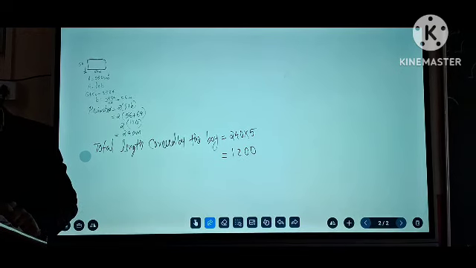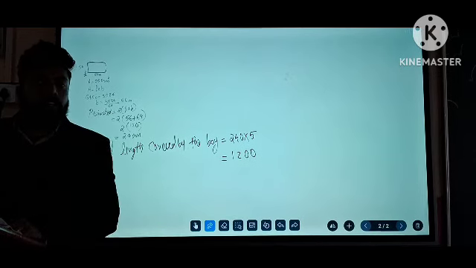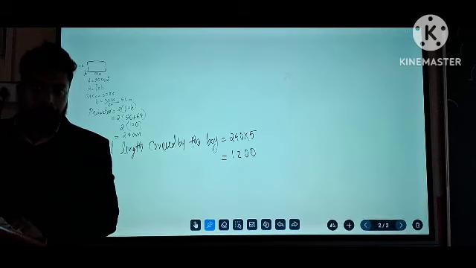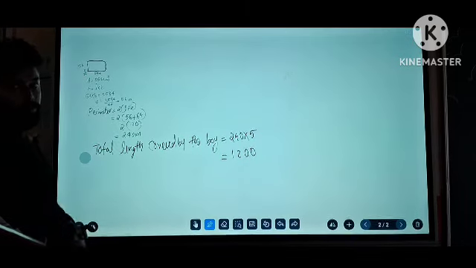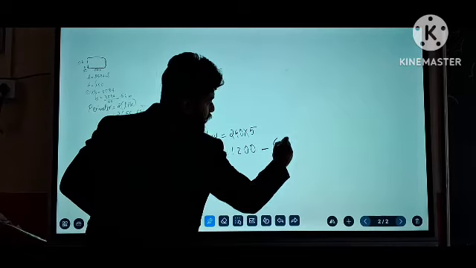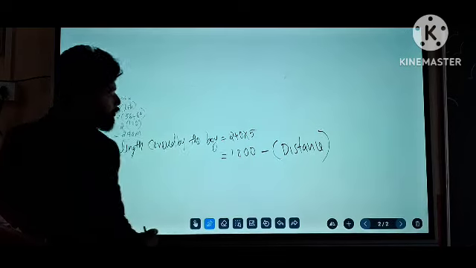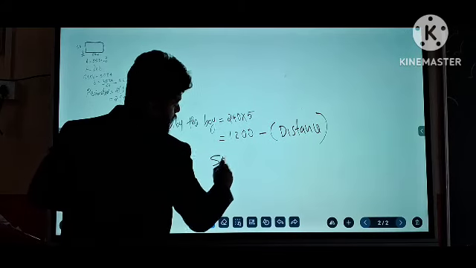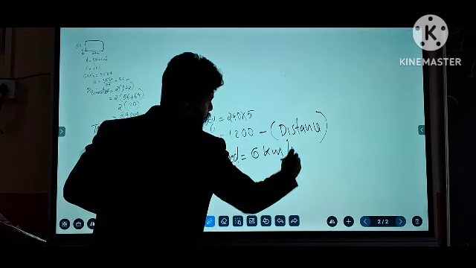Here we want to calculate the time taken by the boy to cover 5 rounds. So this is the distance that has to be traveled by the boy, and the speed is equal to 6 km per hour.